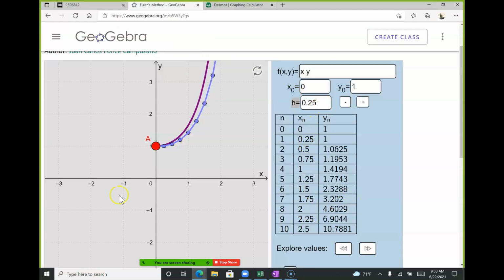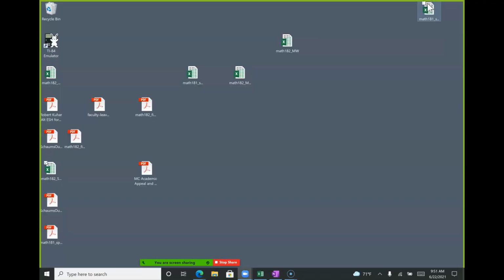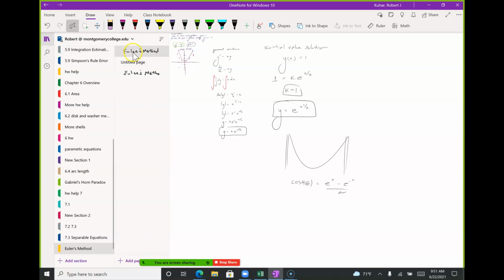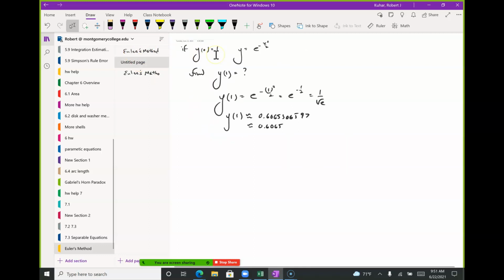Could it have been e to the x squared over 2, not negative x squared over 2? That does sound like it would get me closer. Oh, you're right. It's x squared over 2. The integral. When I wrote it on the next page, I put a negative in there.